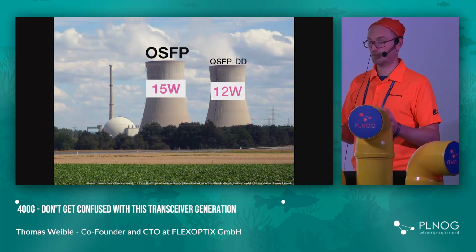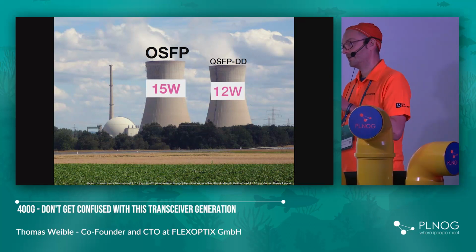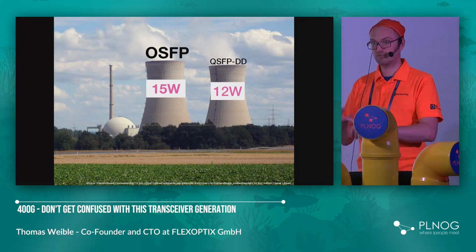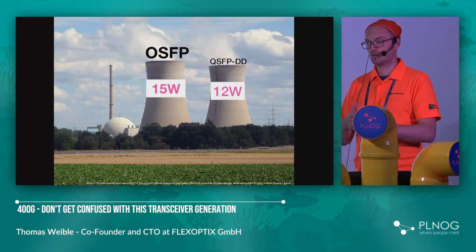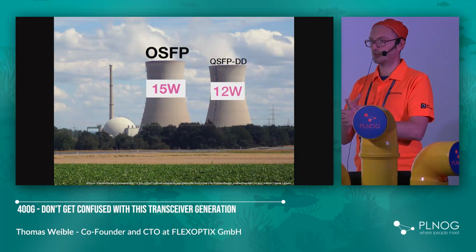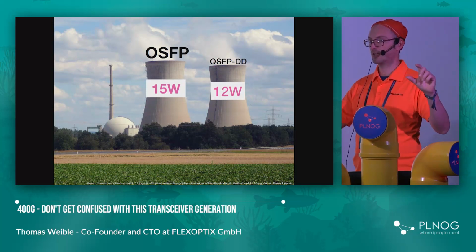And that's not taking into consideration the power supplies, the CPU still in there, some ASICs, some memory. So this will end up with a 1U rack unit, 400 gigabit, 32 ports, running at 1 kilowatt.